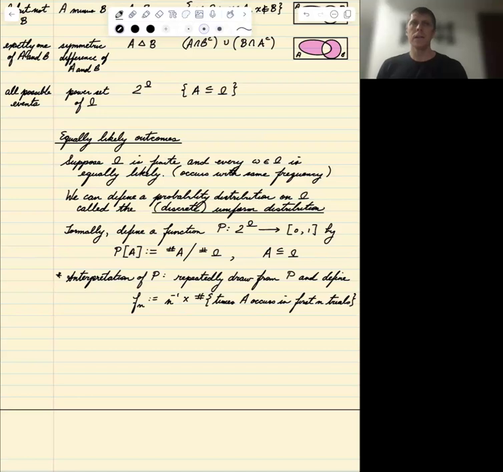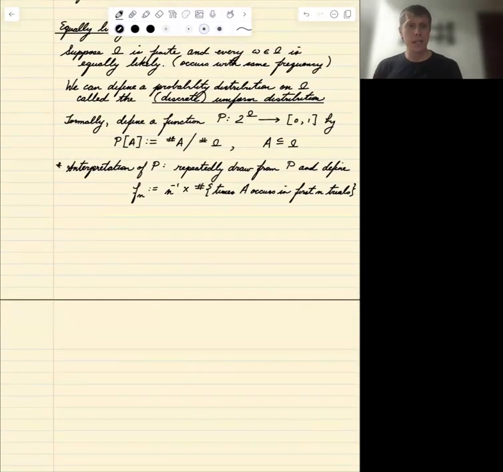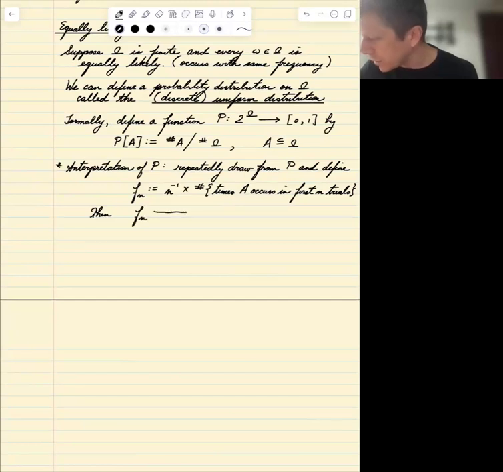Okay, so it's the ratio. How often, as a proportion of n, as the proportion of times I've run this process, how often has A occurred? Well, the interpretation, this is the frequentist interpretation, but it is the interpretation, is that as we do more and more draws, f sub n will converge, will become closer and closer to P of A as n goes to infinity.